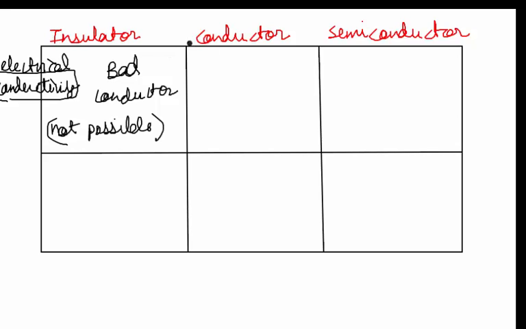Now let's talk about a conductor. Obviously, because its name is conductor, it has good electrical conductivity. The reason behind that is it has free electrons, and the conduction band and the valence band are partially filled or overlap each other.